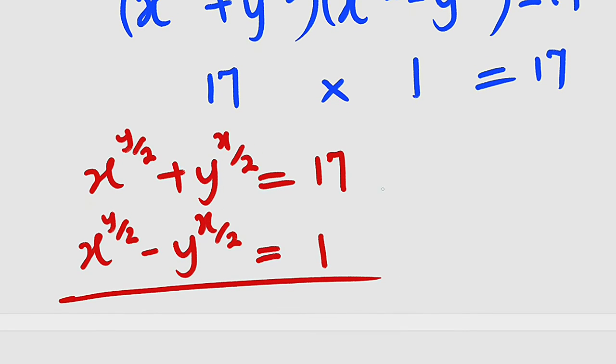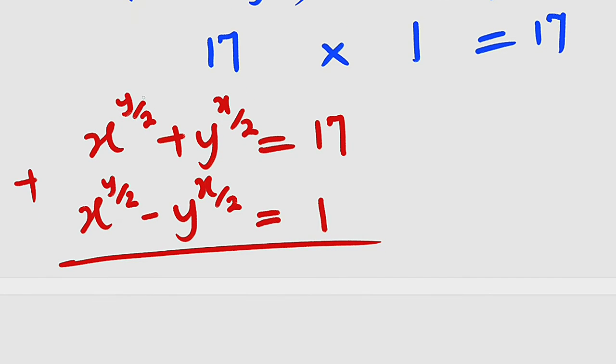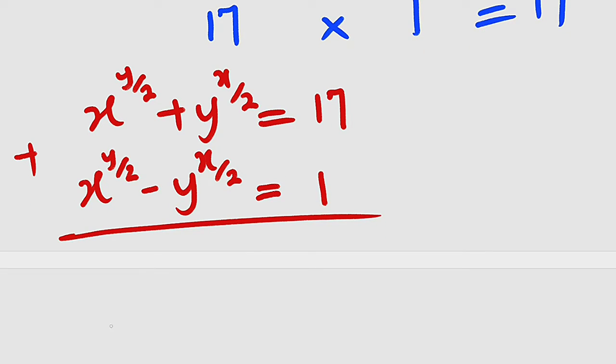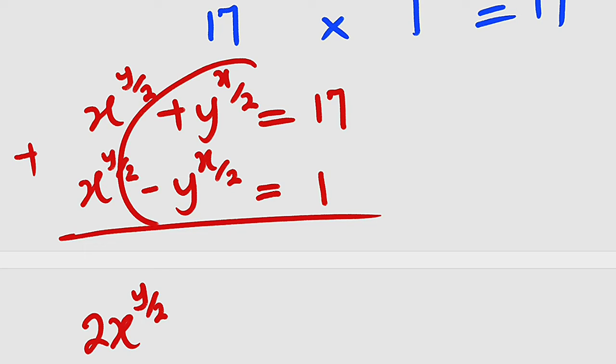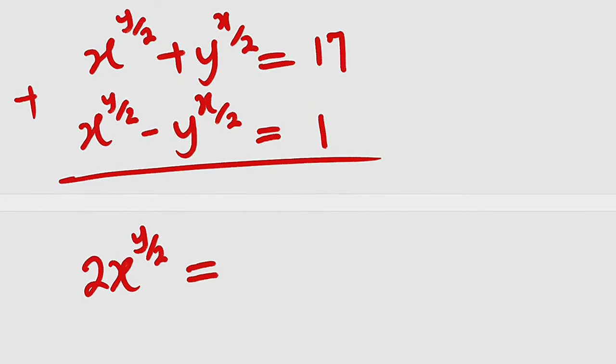Let us add these two equations together so that we can eliminate one of the variables. Because they are like terms, we have two quantities of x raised to the power of y divided by 2. The y terms give us 0 when added together because one is positive and the other is negative. This is equal to 17 plus 1, which is 18.